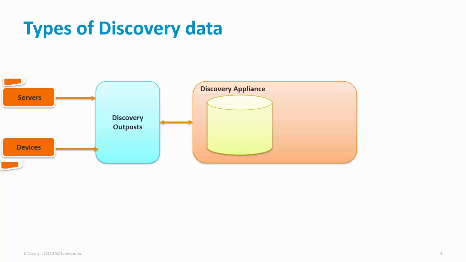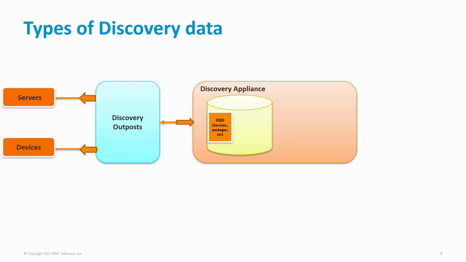Discovery Outpost will connect to Discovery Appliance and pick up any scanning request that is triggered by a Discovery user or through some API calls, and connect to the target endpoints, which include servers and devices, and perform the discovery. The Outpost will then capture all the information from the endpoints and transfer that information to the Discovery Appliance, where the data will be stored as directly discovered data.